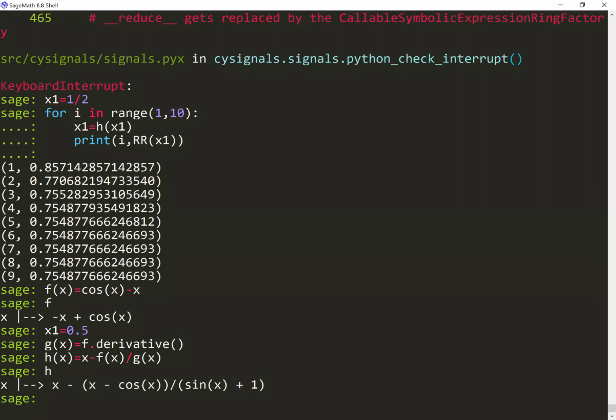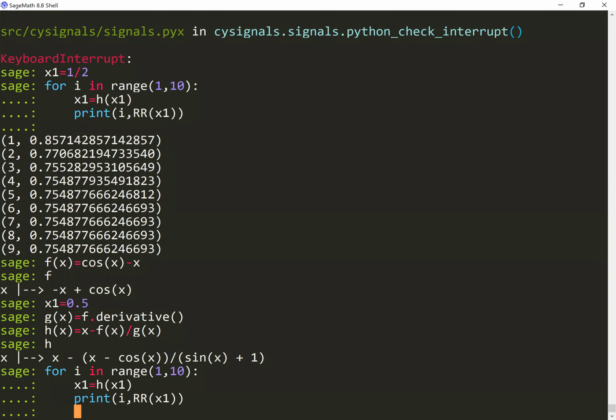This is the h that we want to iterate. Let's use this computation. This is exactly the iteration.